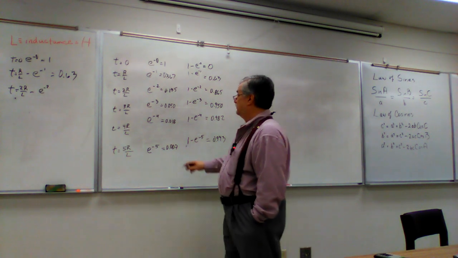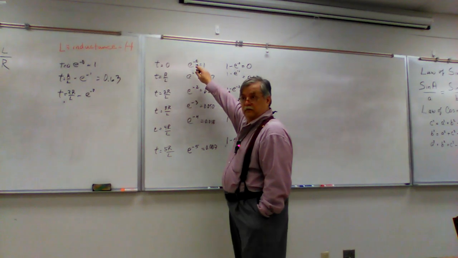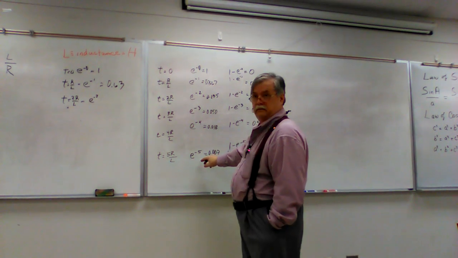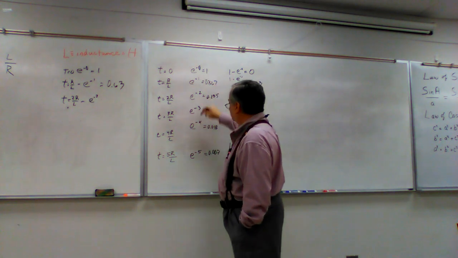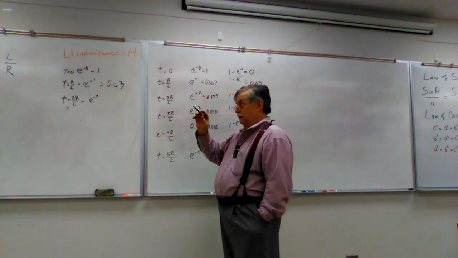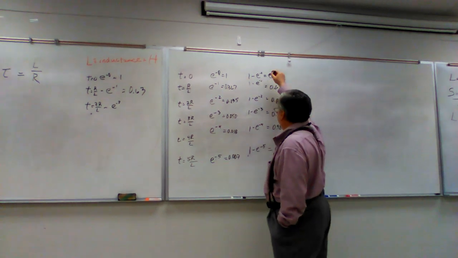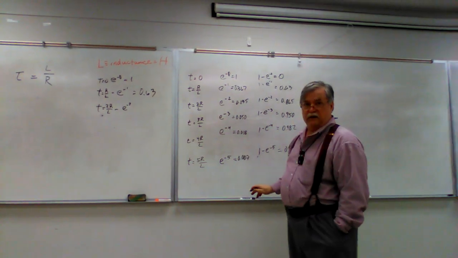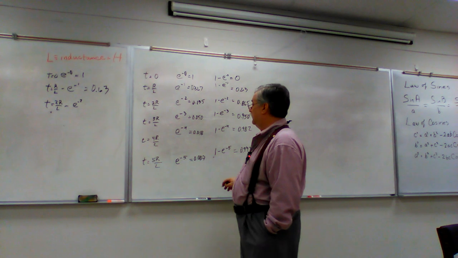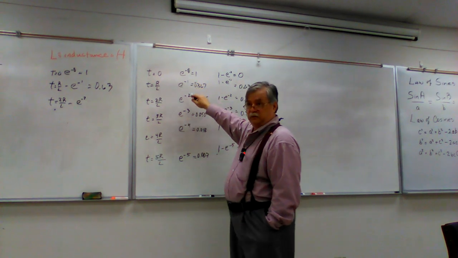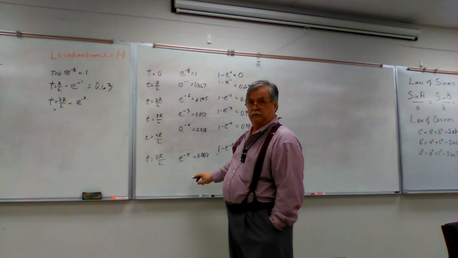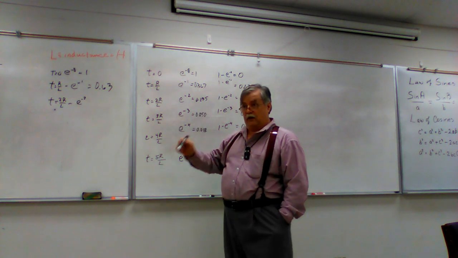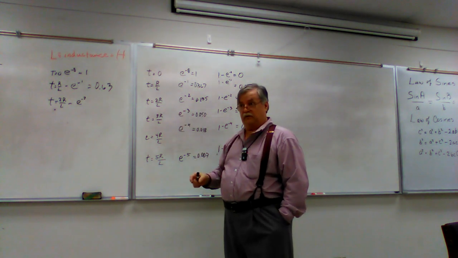As the voltage charges, the current decreases. The current in a capacitor would be multiplied by this term. In an inductor, this is the term that modifies the current flowing. This would be the voltage dropped across it. As the current flows, the voltage across the inductor decreases.